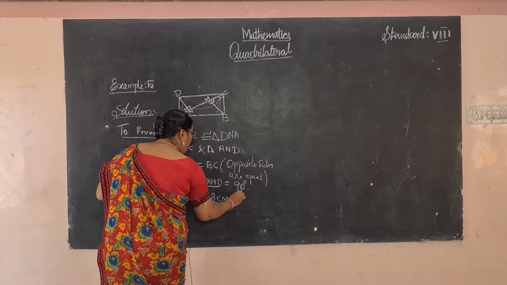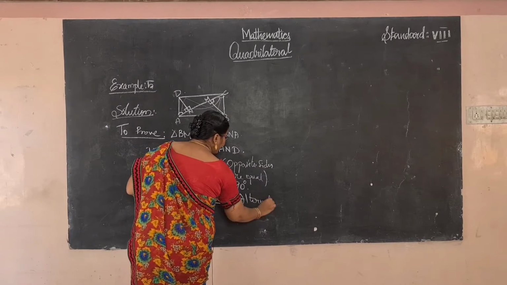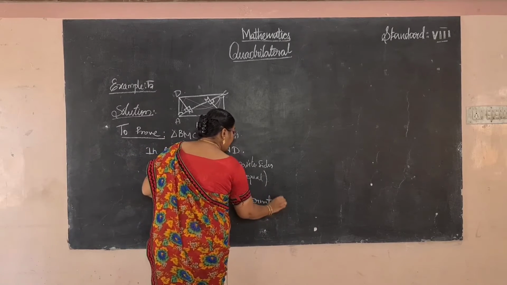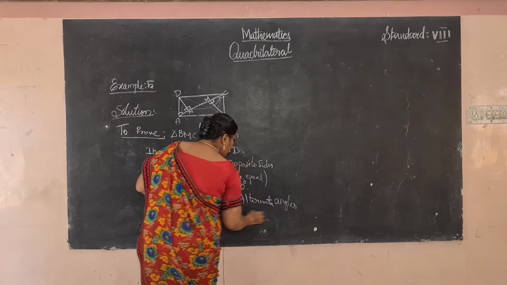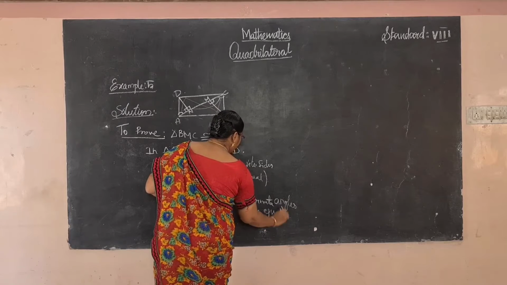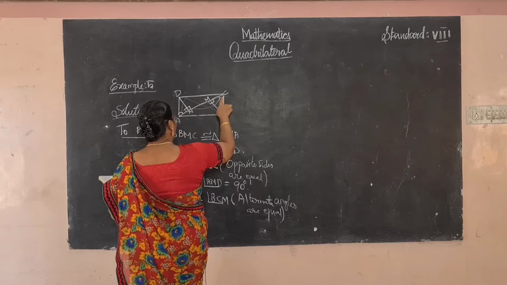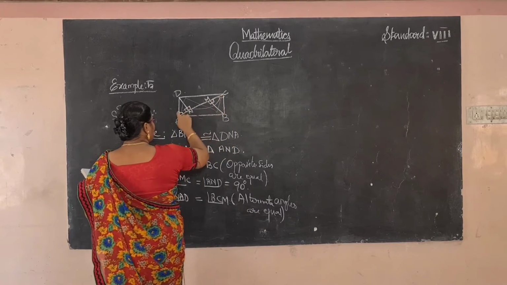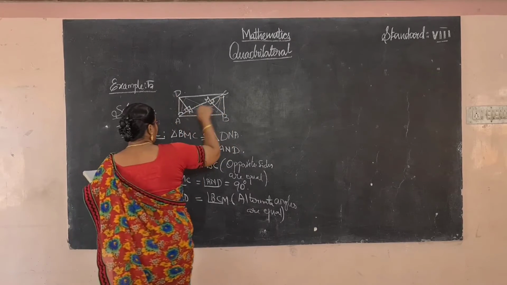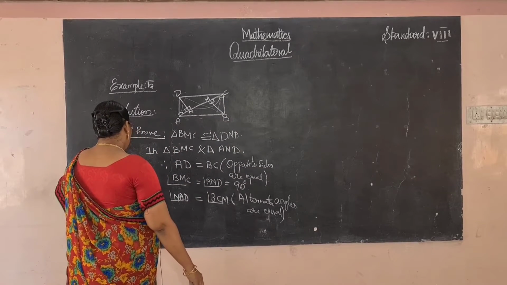Here write: alternate angles are equal. We have proved this side and this side are equal, the 90 degrees, and these two are the alternate angles. The sides are equal.